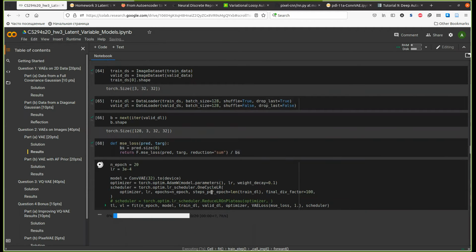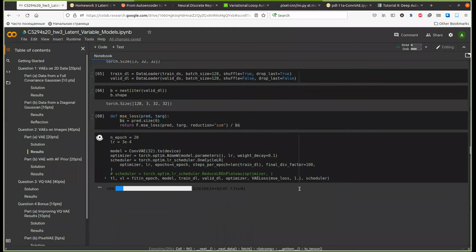Another thing to notice is that we can have another hyperparameter: we can weight the KL loss component by some factor beta.